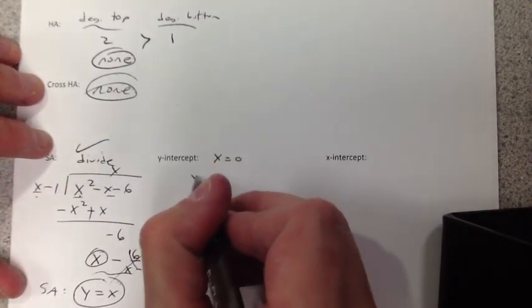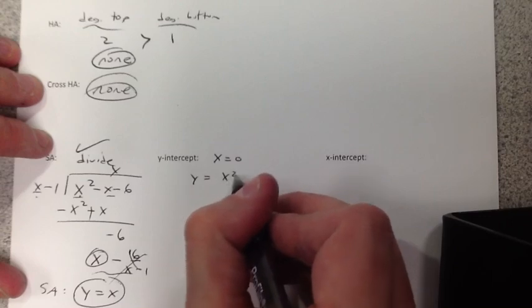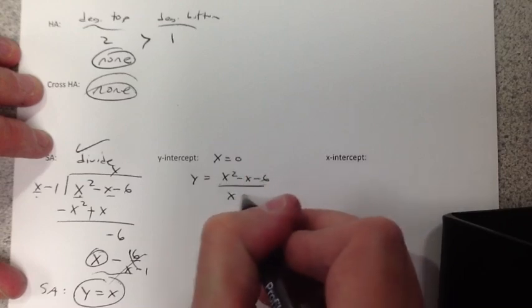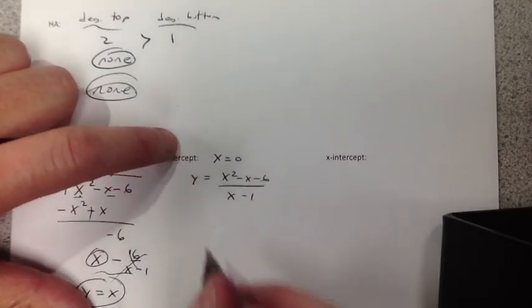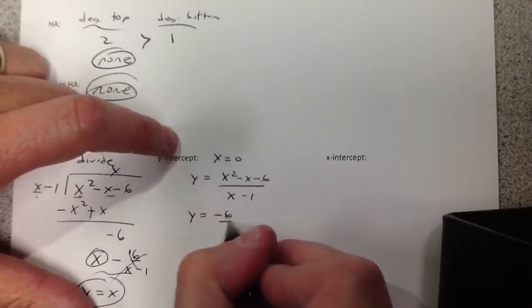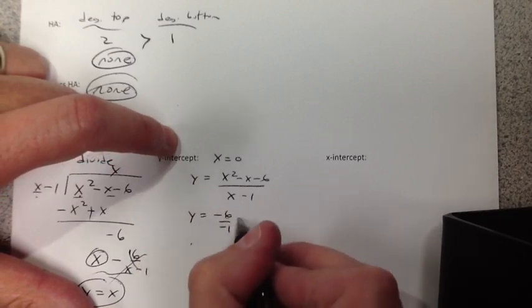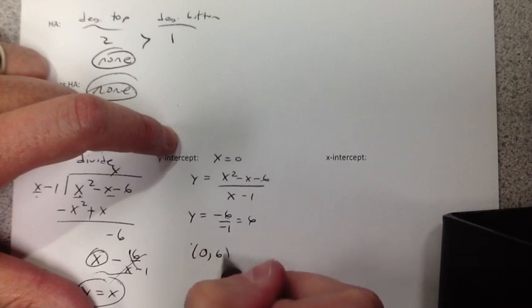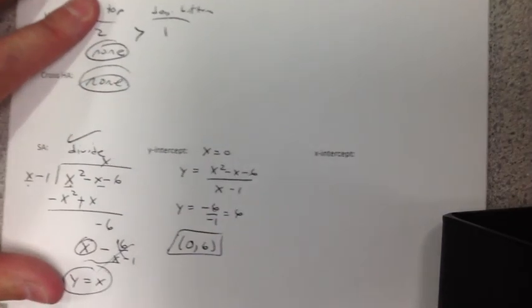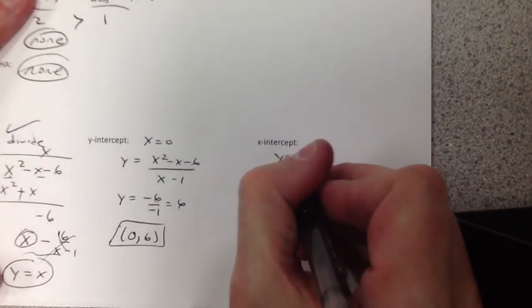To get the y-intercept, just like yesterday, let x equal 0. Look at the equation, x squared minus x minus 6 over x minus 1. Plug in the 0, and we get negative 6 over negative 1, so we get 6. So (0, 6). To get the x-intercepts, we let y equal 0.